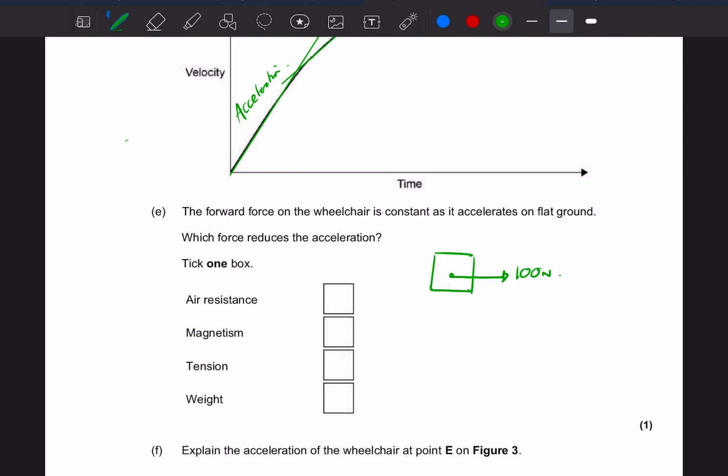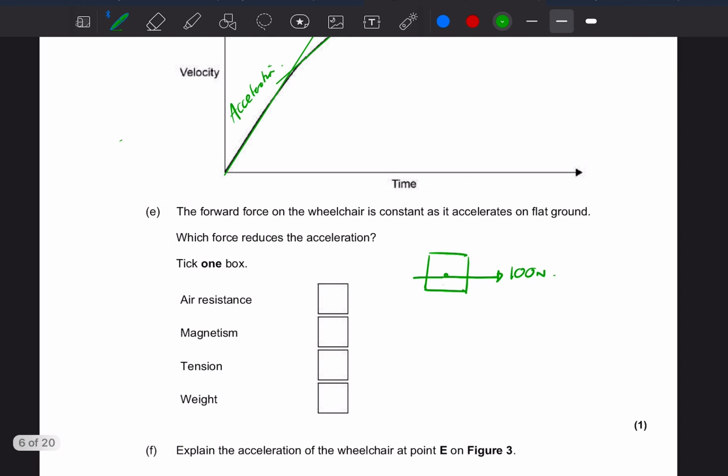There's always going to be some resistance in the opposite direction. So let's say there was 50 newtons in the opposite direction. So we've got an overall resultant force here of 100 minus 50 equals 50 newtons in that direction. Let's try that again. So that is why we get the acceleration in that direction, forwards.